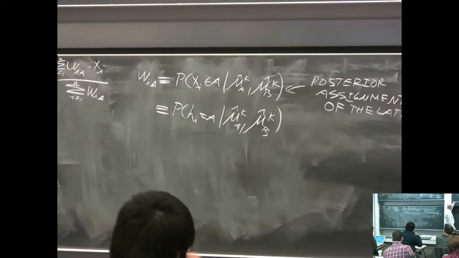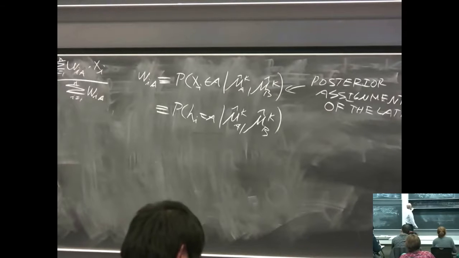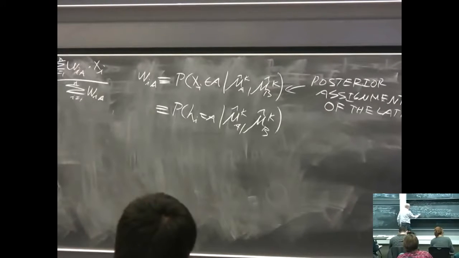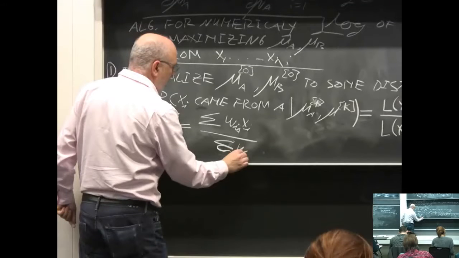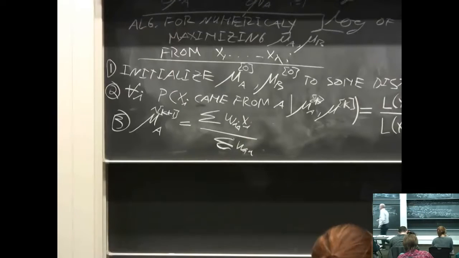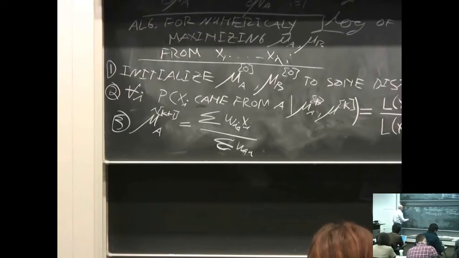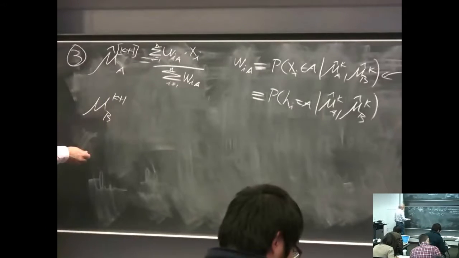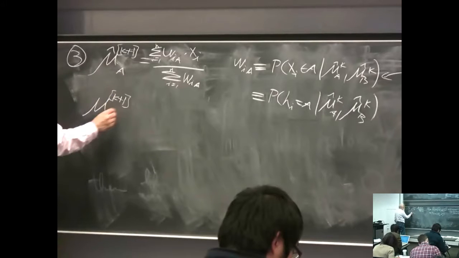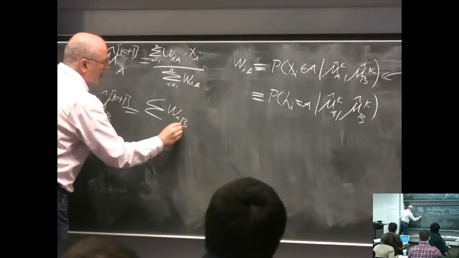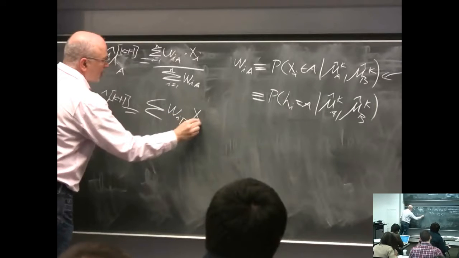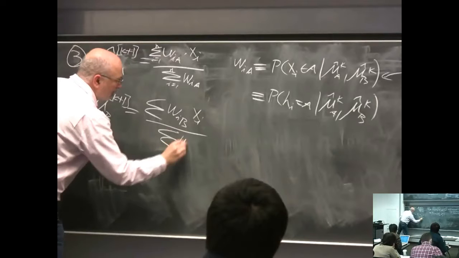So this was our third step. Bring it down here. So it's wi xi divided by sum of wia. It's the same thing as here. And the mu b of this iteration is the same thing, sum of wib xi divided by sum of wib.